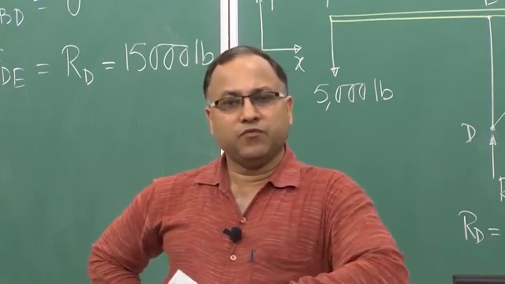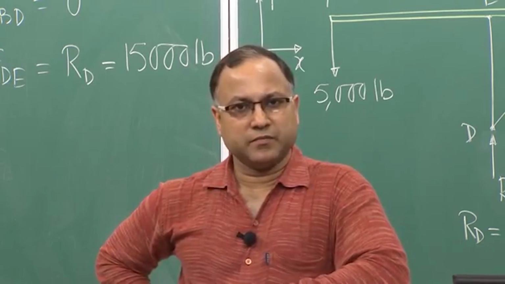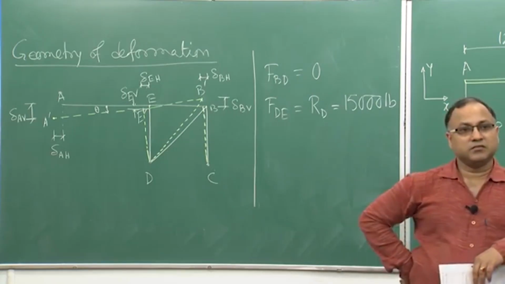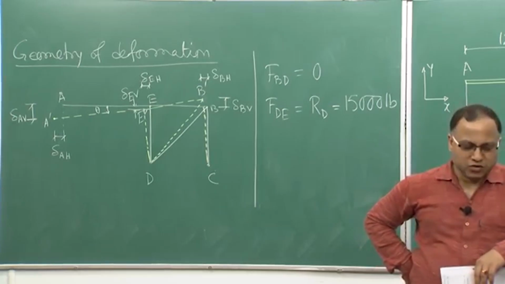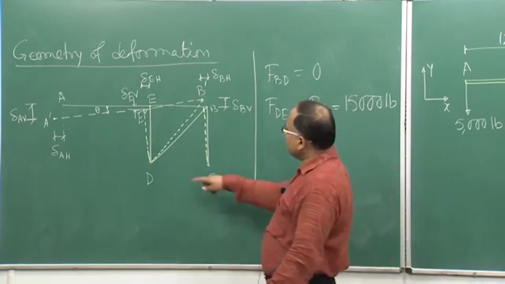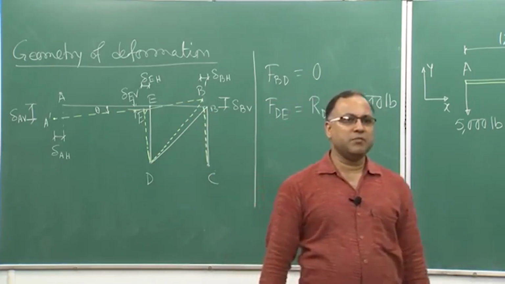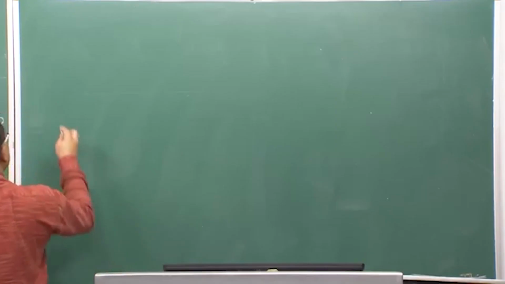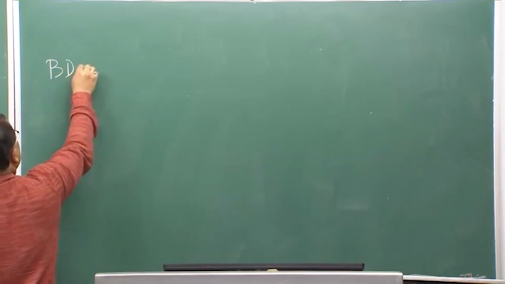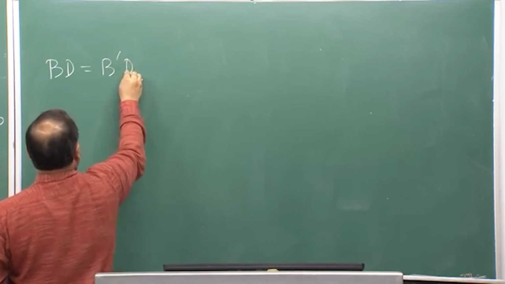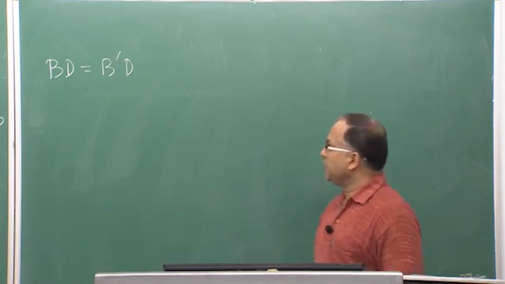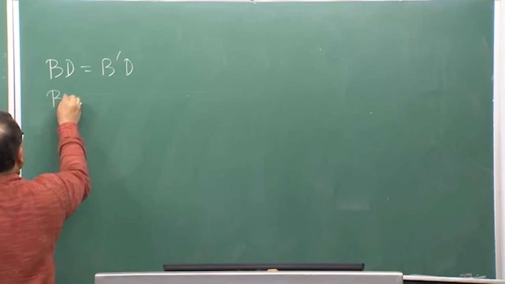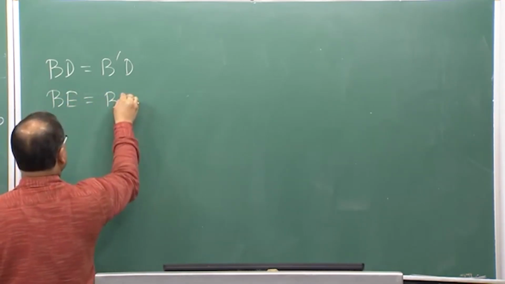If there is no deformation in member BD, then the length of BD must be equal to the length of B prime D, and similarly BE must be equal to B prime E prime.